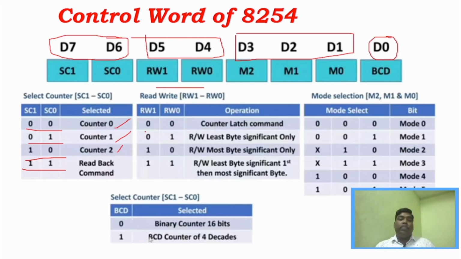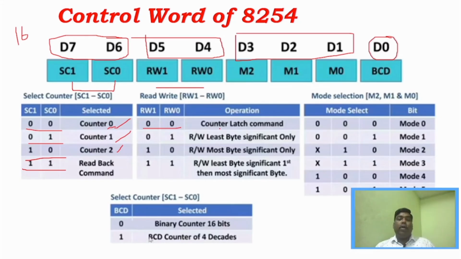You have to understand very clearly here: the D7 D6 bits select only the counter. For example, if you take counter 0, it has 16 bits. Whether we are going to read or write those 16 bits will be set by these 2 bits, right?